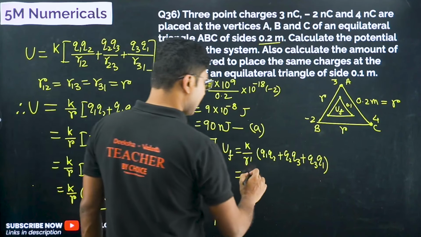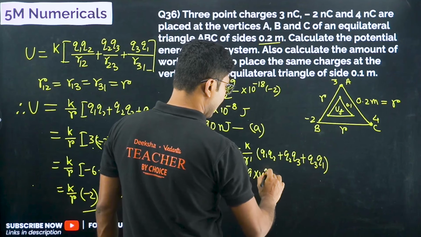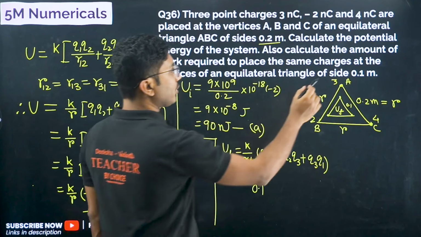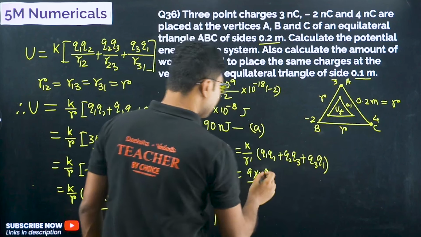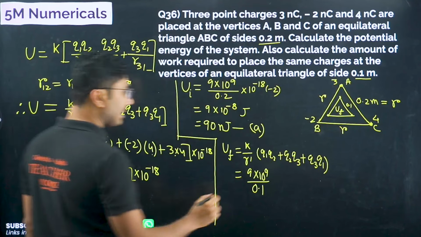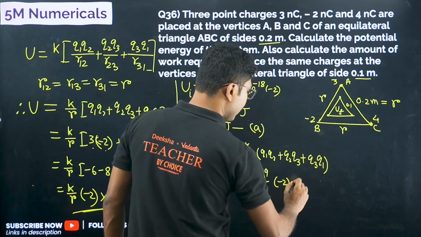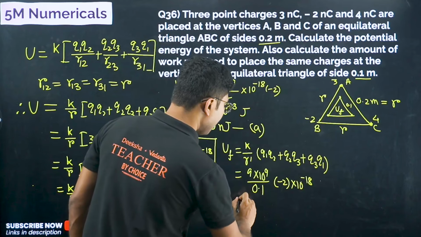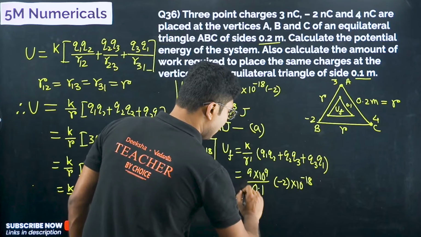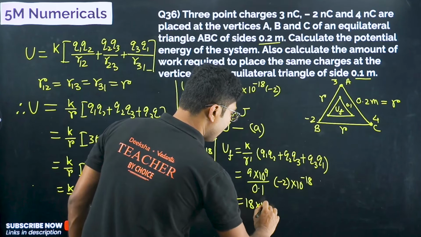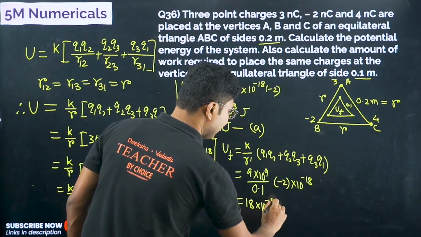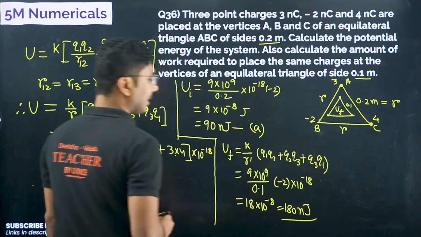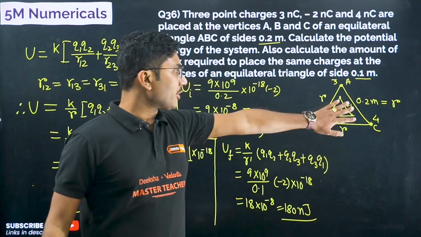So K value is 9 into 10 to the power of 9, R value is 0.1 meter mentioned in the question. Okay, 0.1 meter, and this one we have already calculated, so we will not calculate once more. So minus 2 into 10 to the power of minus 18. So now simplify, you will get this exactly as 18 into 10 to the power of minus 8 or 180 nanojoules. So 180 nanojoules is the final potential energy of the system.